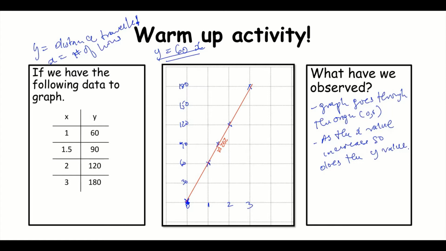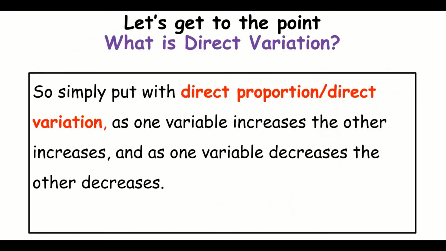And note briefly that all direct variation graphs must go through the origin. You get a straight line that goes through the origin. It must go through that 0, 0 coordinate right there.